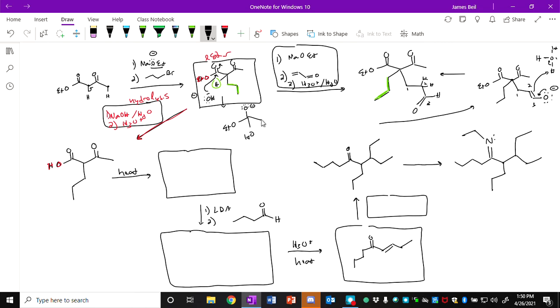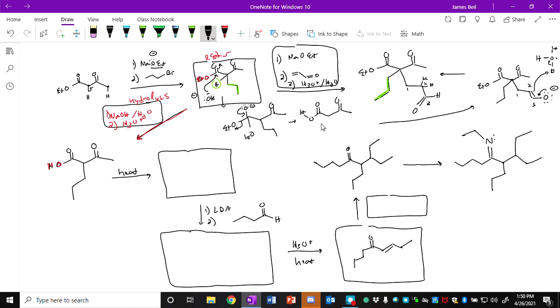now when the electrons swing back down, they can push out either the OEt or the OH leaving group. If they swing back out and push out the OH, it'll just go back. Now shift back and forth. Eventually, once in a while, it'll push out the OEt. And that will form a carboxylic acid.